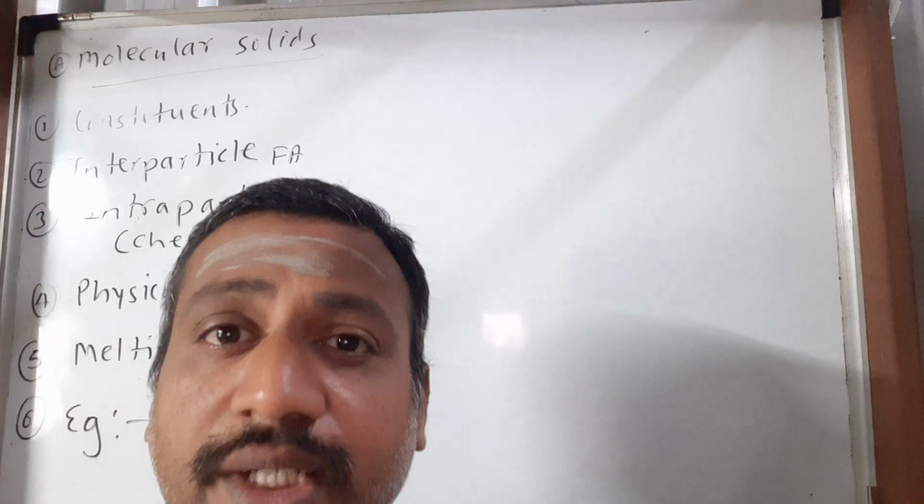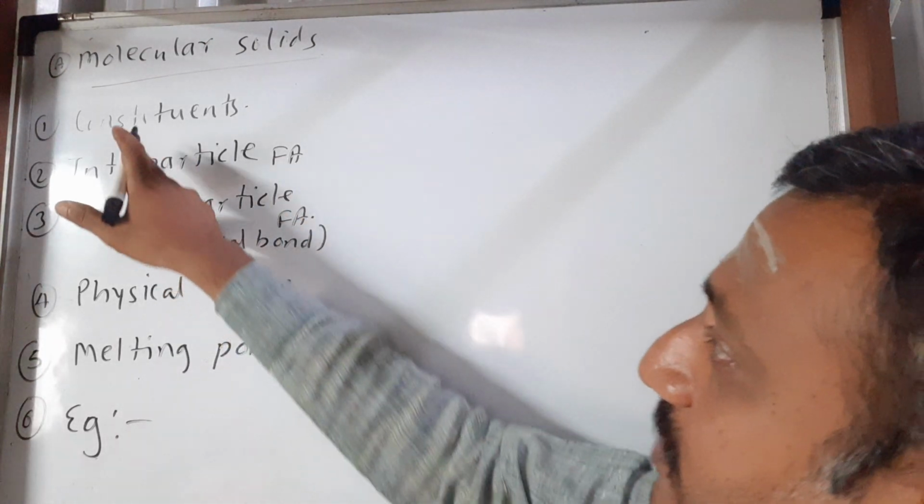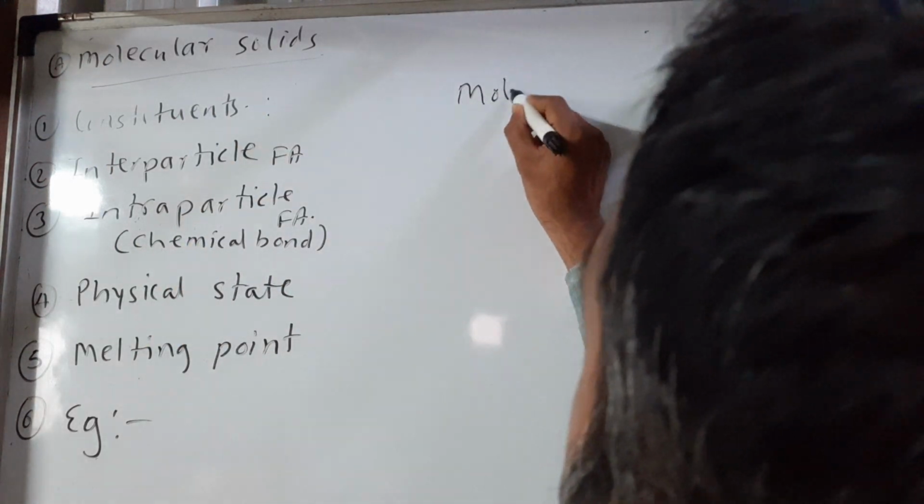So let's begin. The first type of crystalline solid, its properties: the molecular solids. What is the first property of the molecular solids? The constituents of the molecular solids are molecules.